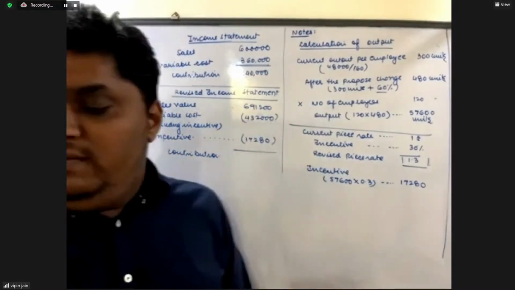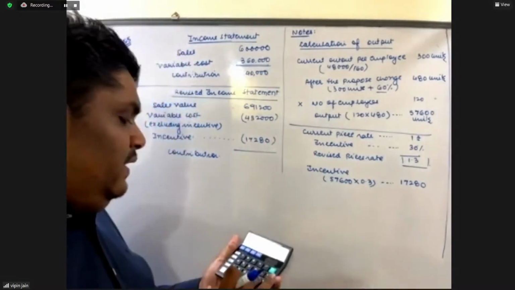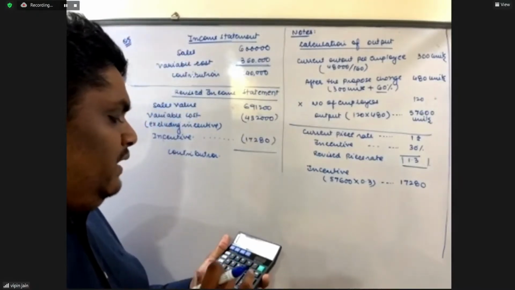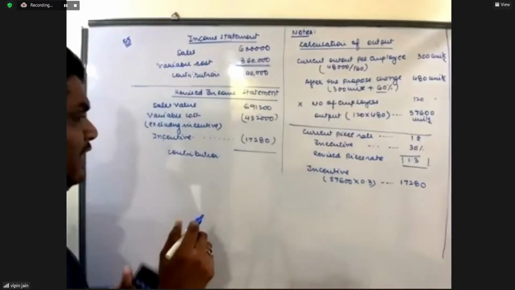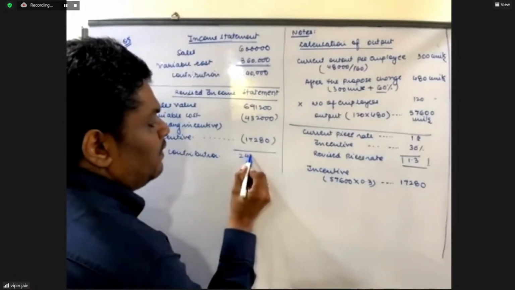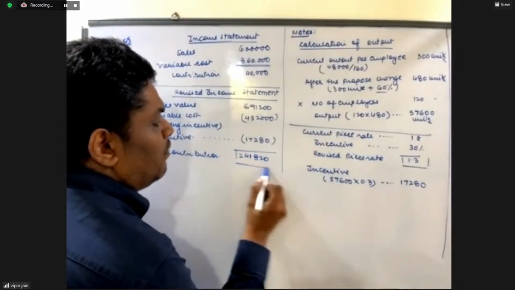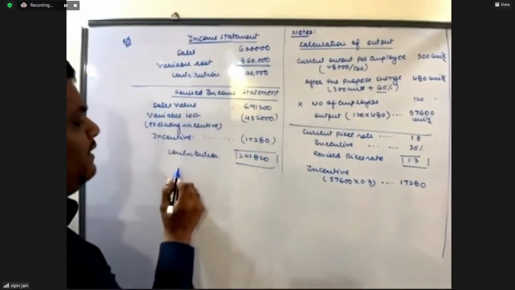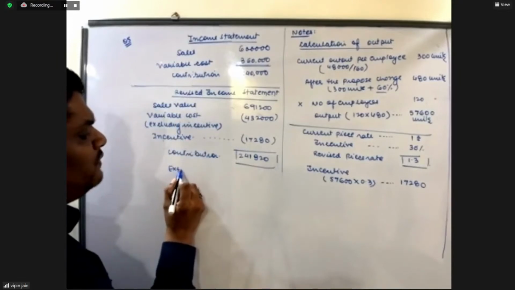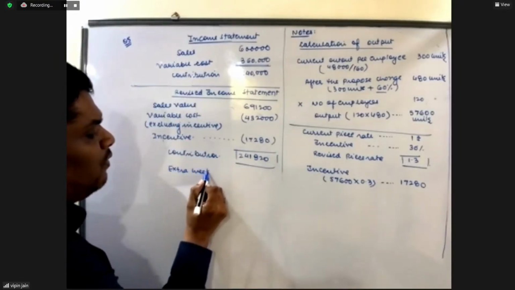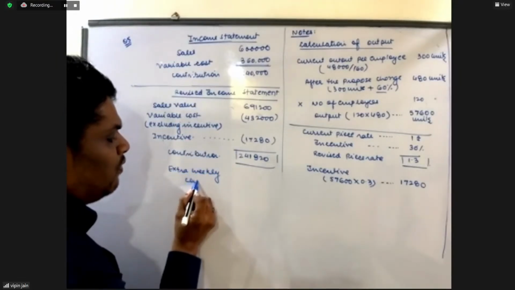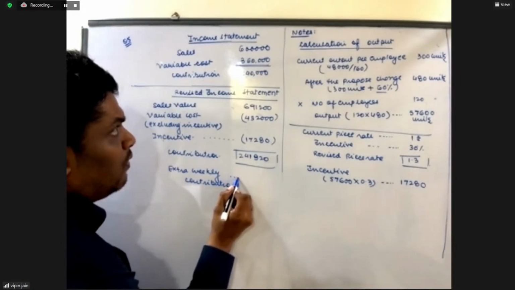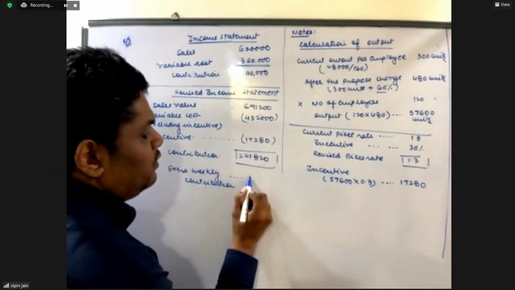So my contribution will be 6,91,200 minus 4,32,000 minus 17,280, which is 2,41,920. This will be my contribution. So the extra weekly contribution will be 1,920.